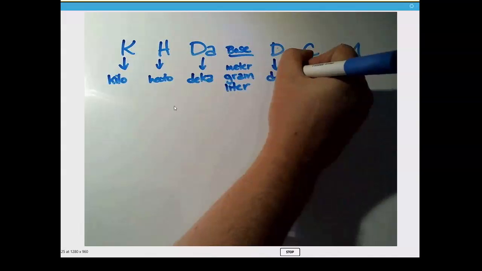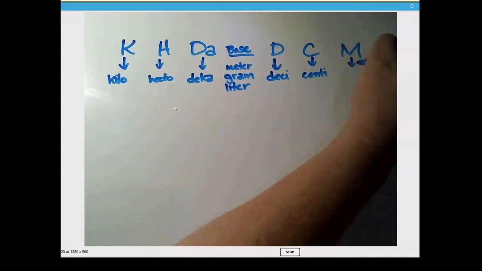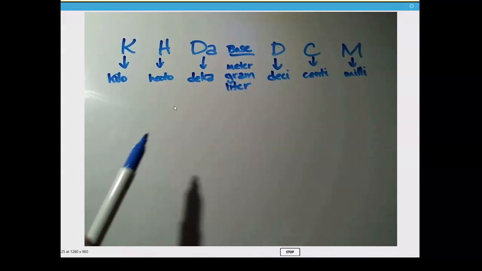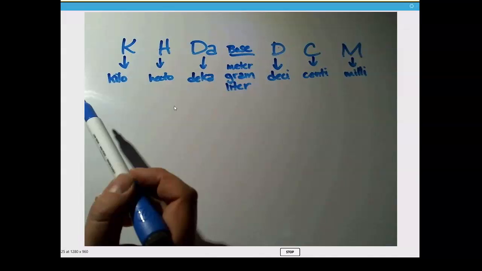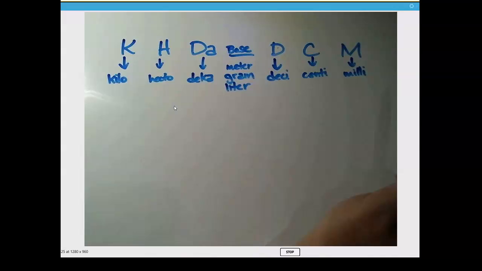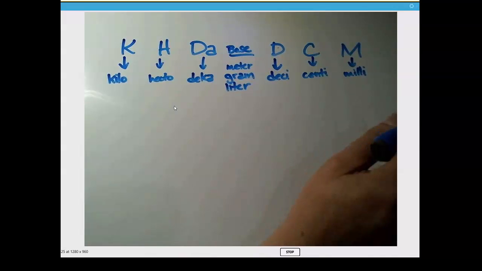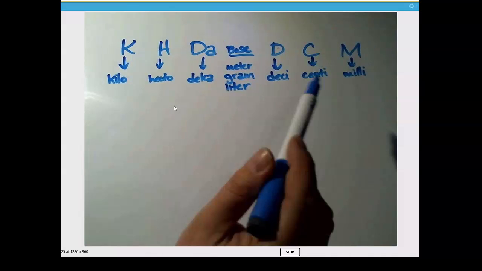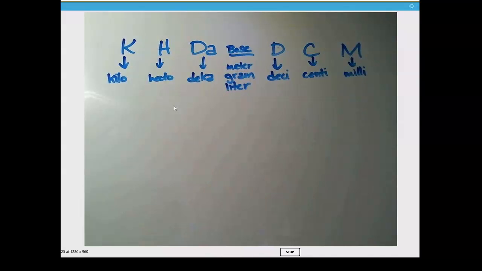D is an abbreviation for deci, C is centi, and M is milli. And then, like I said, there's others. There's ones that are much larger than kilo, like giga, if you ever think of computers in a gigabyte. And there's ones that are smaller than milli, like micro, and they're super, super, super tiny. They would be way over here off the line. So there's others, but this is the basic metric prefix line, and this helps you convert pretty much the majority of the metric measurements.